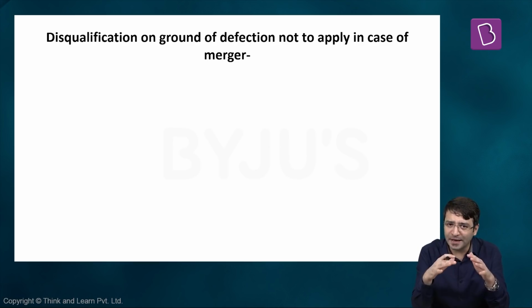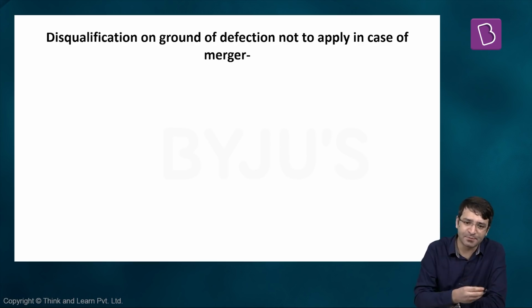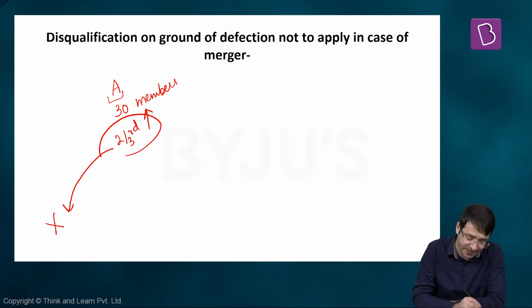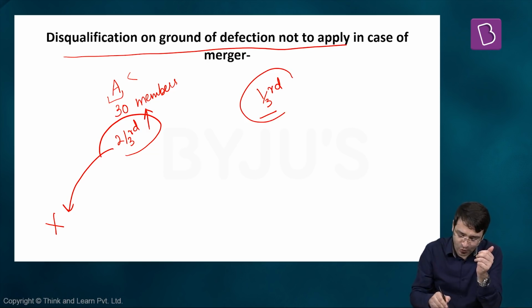But there is also an exception. What is the exception? Let's say, for example, there is a political party A. This political party has 30 members in a house. If 2/3 of these 30 members decide to join another political party X, they will not be disqualified. But what will happen to the remaining 1/3?